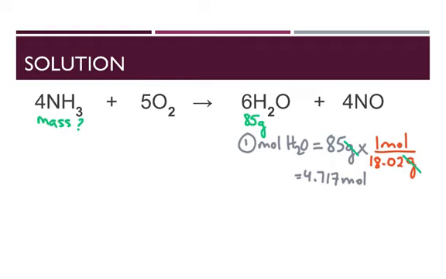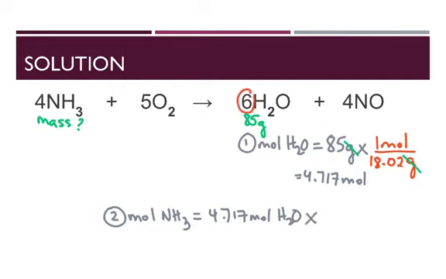All right, now that I've got moles of one thing, in this case water, I can use it to find moles of what I actually am interested in, which is in this case ammonia. So step 2 is my mole ratio from yesterday, so I'm going to look for moles of NH3 using moles of H2O. So this is my mole ratio step.